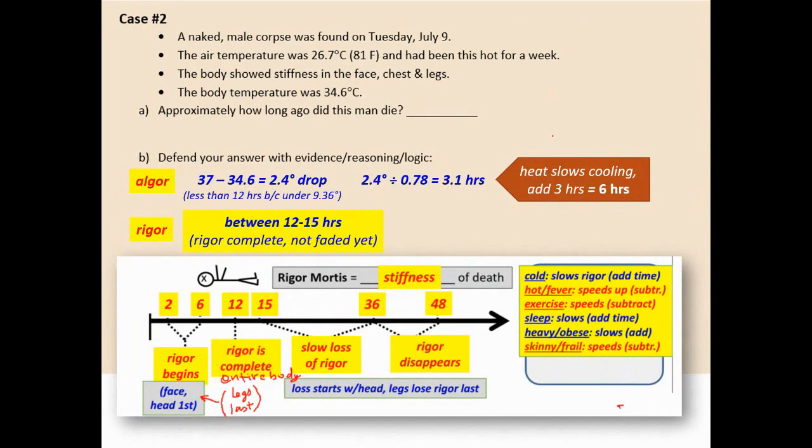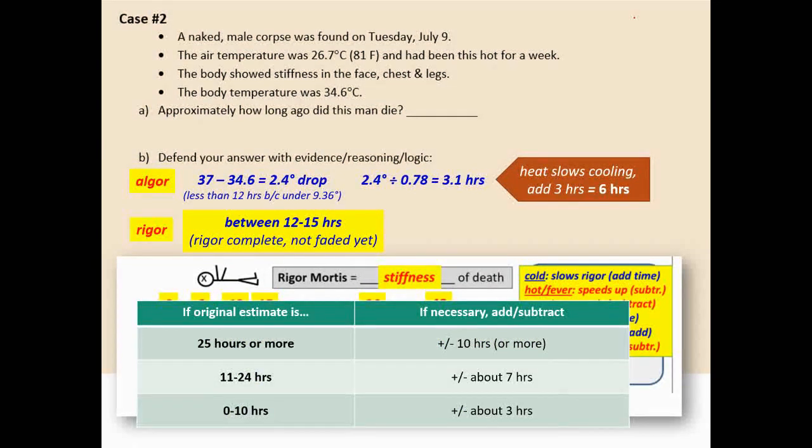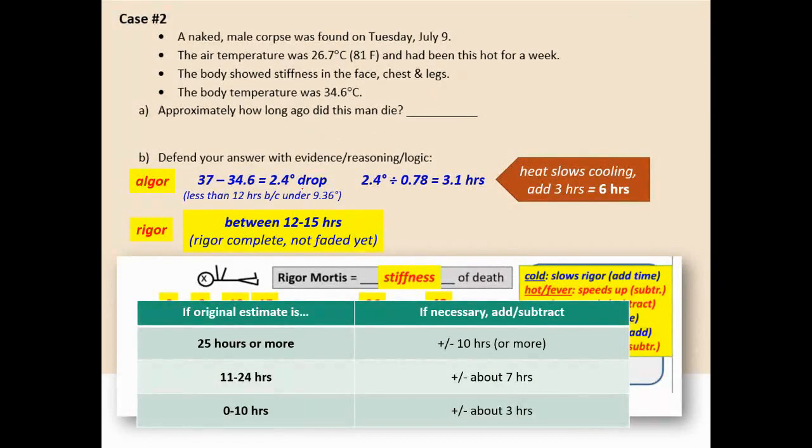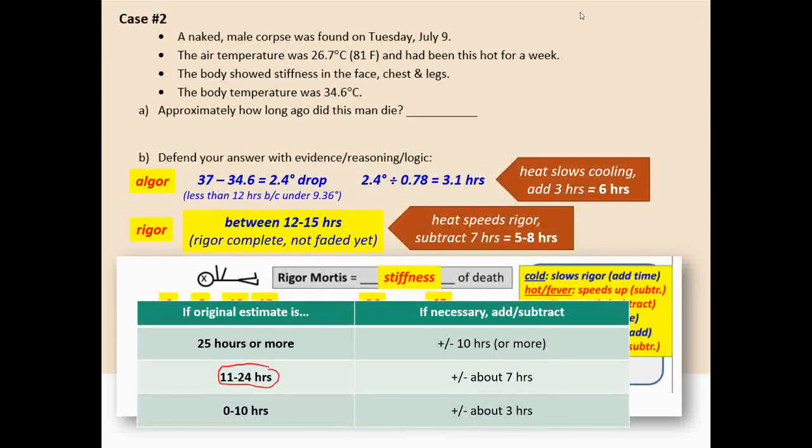That speeds up the rigor mortis process. So we're going to have to subtract from that. What do we subtract? Well, this estimate of 12 to 15 hours is not too small a number. So we are going to have to subtract about 7 hours. That means instead of 12 to 15 hours, it's a range of about 5 to 8 hours.